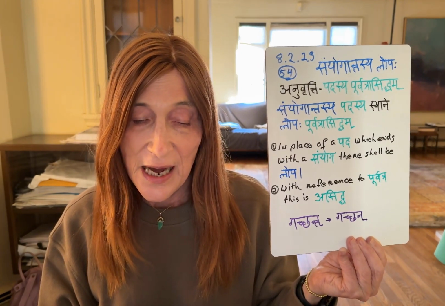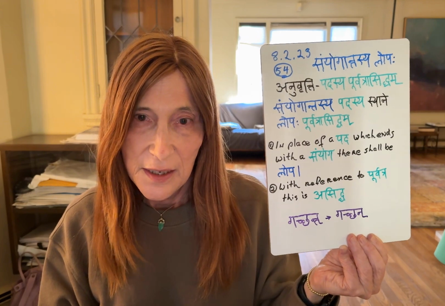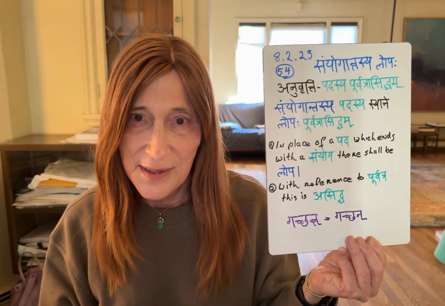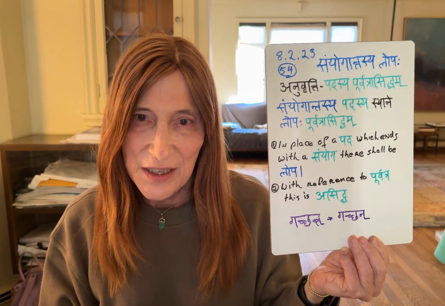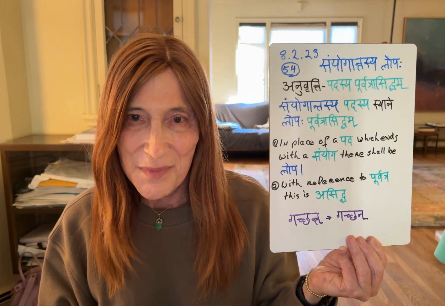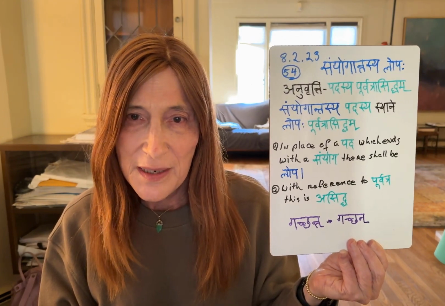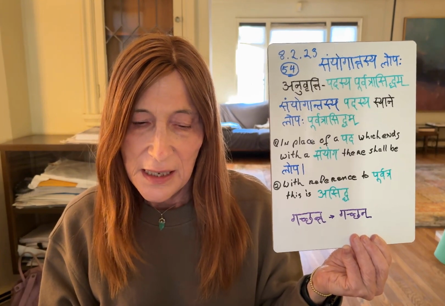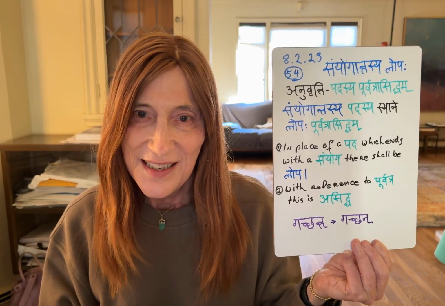If we look at an example, gachant, it ends with a samyoga, which is nt, and what is lopa is not the whole word, not the samyoga, but the final one, meaning the t of gachant, leaving gachan.